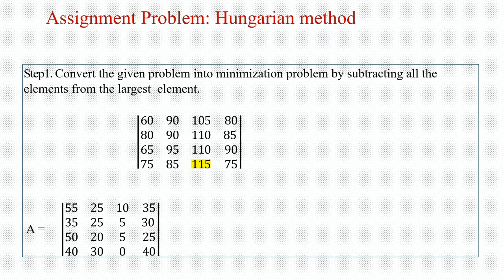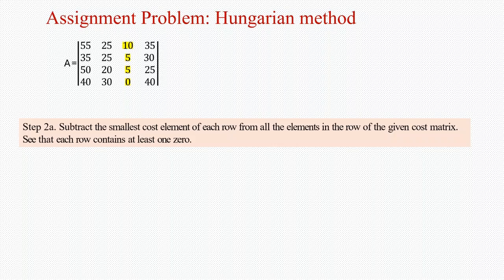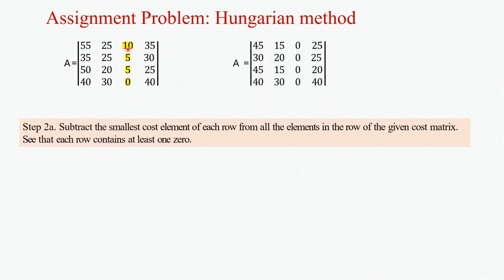Step 2a. Subtract the smallest cost element of each row from all the elements in the row of the given cost matrix. See that each row contains at least one zero. Here, the smallest element in row 1 is 10. Subtracting 10 from each element of row 1, we get 45, 15, 0 and 25. The smallest element in row 2 is 5.